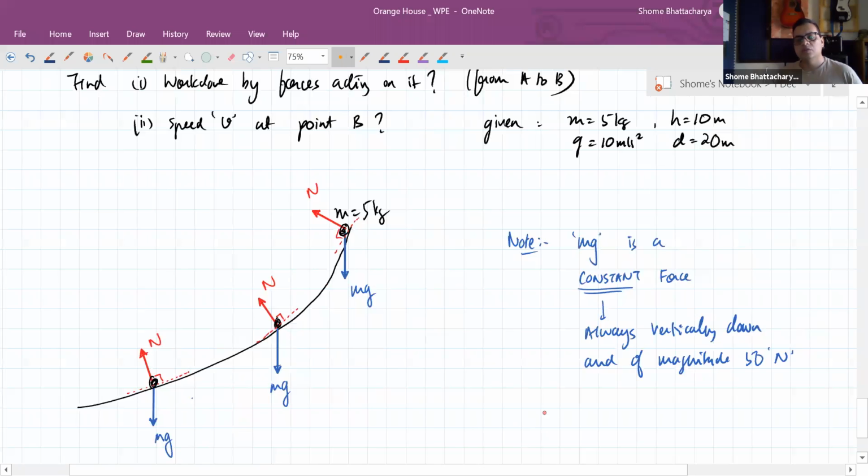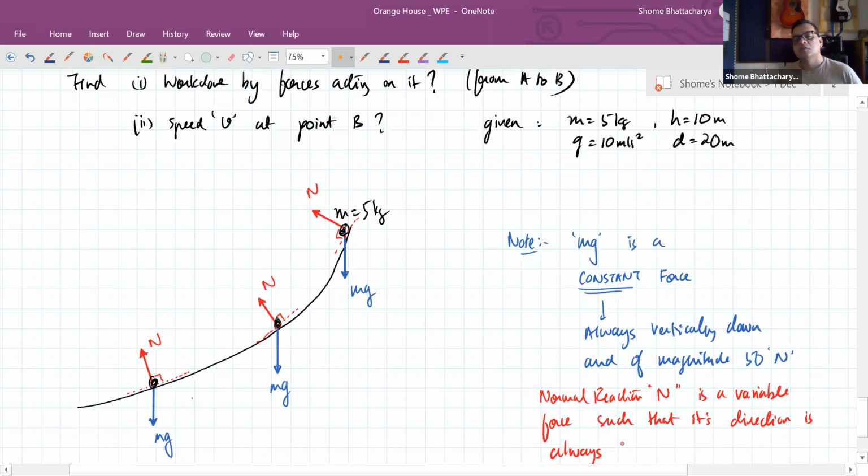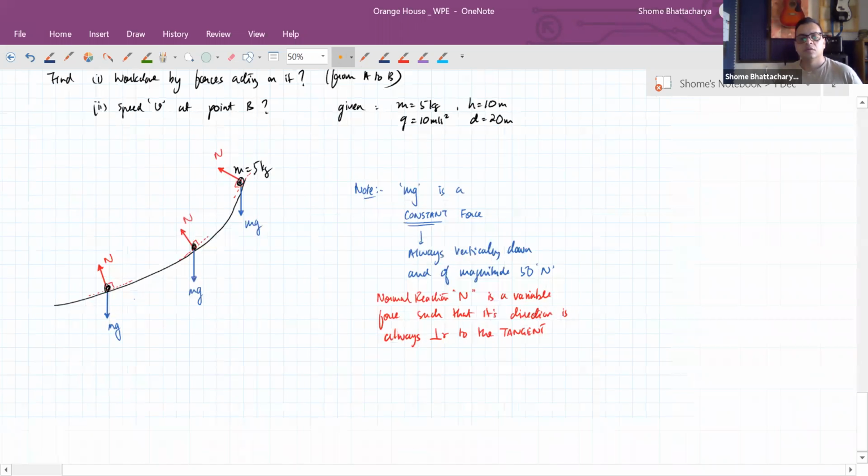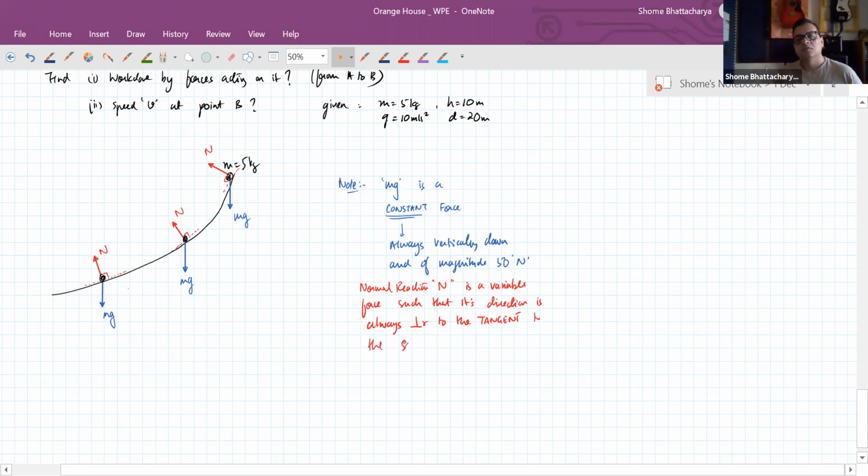The other point here that we want to note down is that normal reaction N is a variable force such that its direction is always perpendicular to the tangent to the surface at the point of contact.